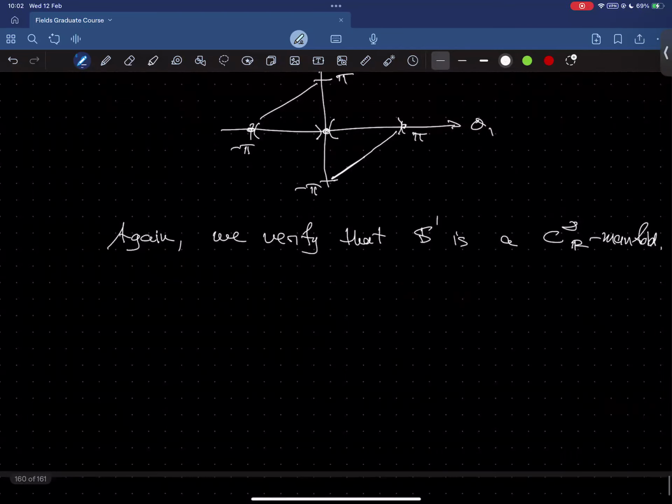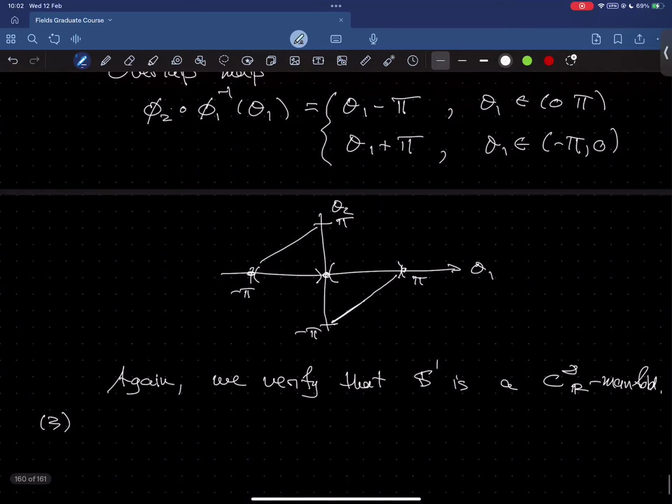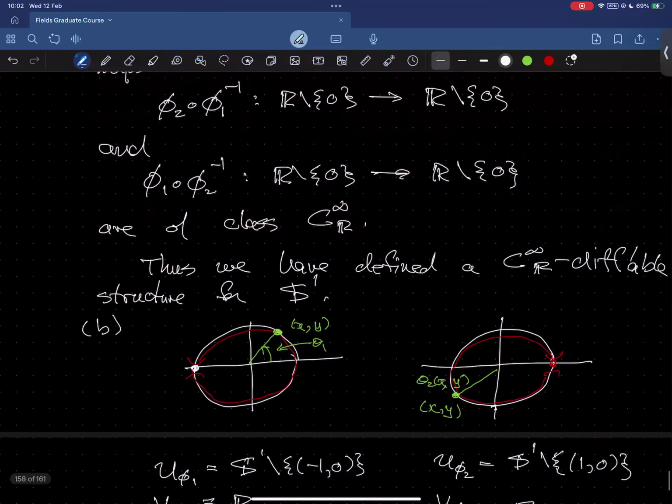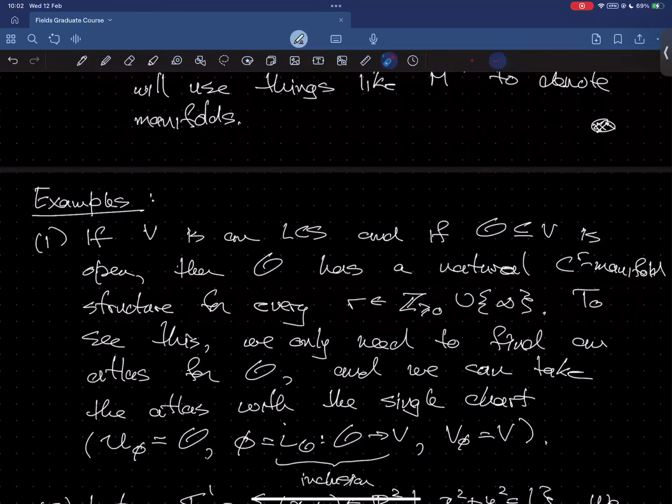All right. Let's look at another example. So this one was kind of dull because it had a single chart, a completely elementary chart, essentially the identity map, which gave you an atlas.